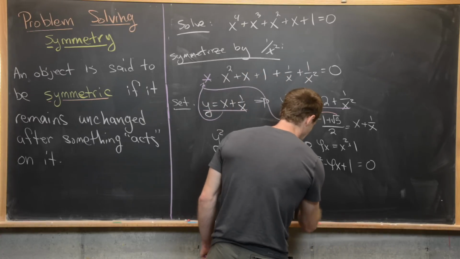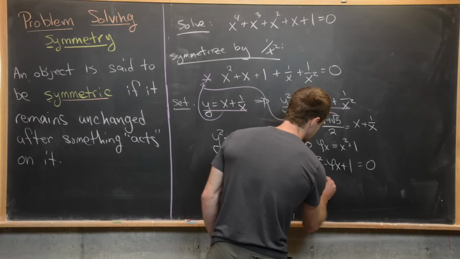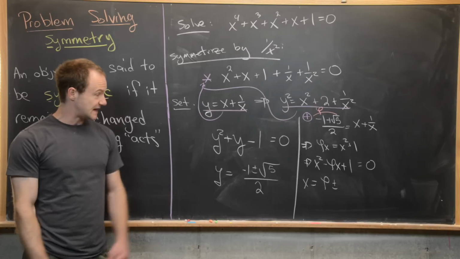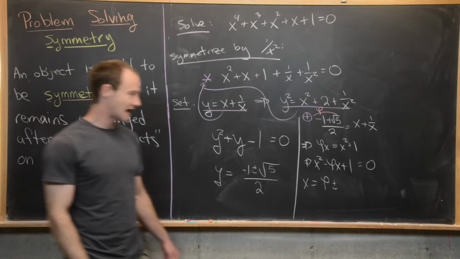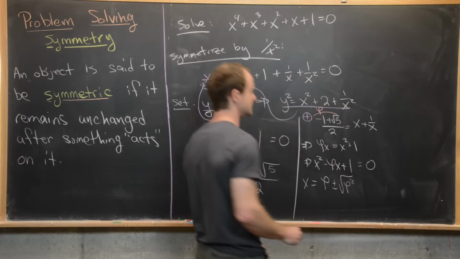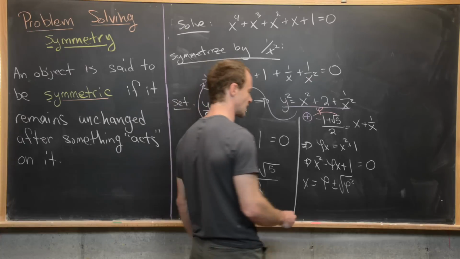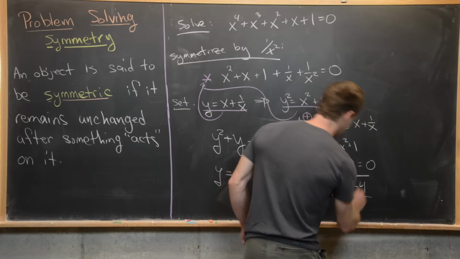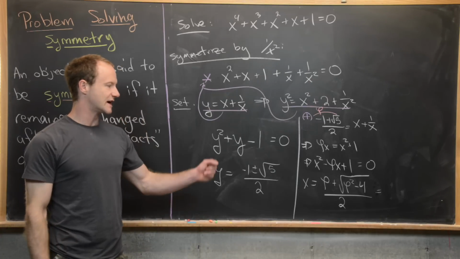So that's going to give us x equals negative b, so that's going to be phi, plus or minus the square root of b squared minus 4 times a times c, so that's going to be phi squared minus 4, all over 2. So now I'll leave it to you guys to simplify this.